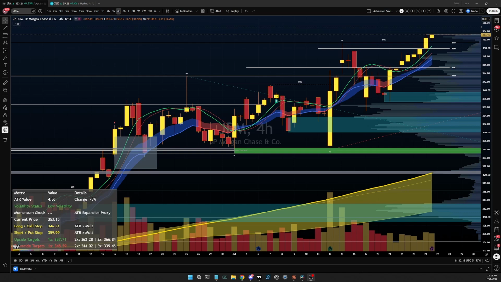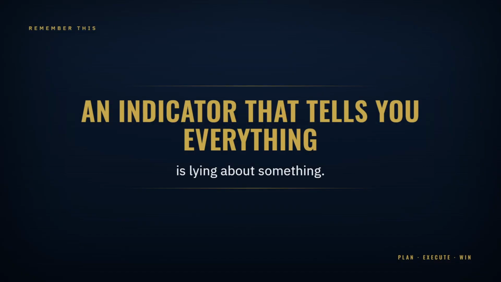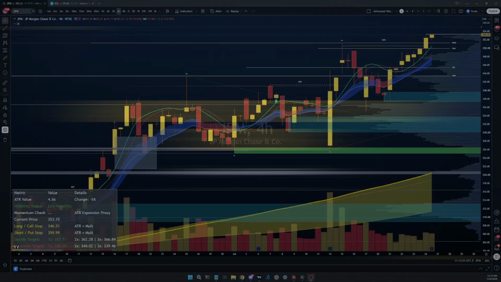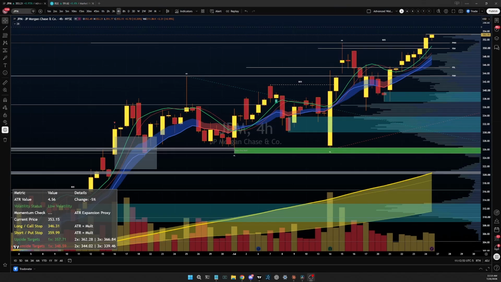And let me leave you with the reason we did it that way. Every tool on that chart is honest about one thing and silent about the rest. The traders who get hurt are the ones who ask a tool a question it never was built to answer.